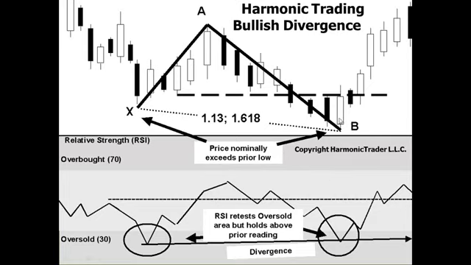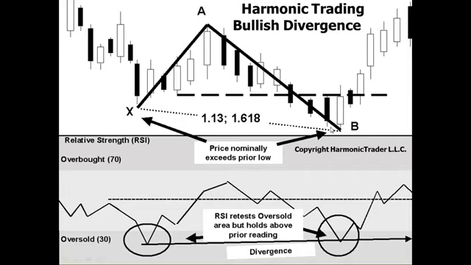Now, the price action will stabilize and reverse at one of these extension ratios. At the same time, the relative strength reading reverses out of the oversold area, and the secondary test reverses above the initial low of the RSI reading.